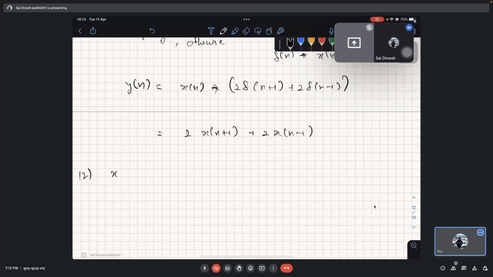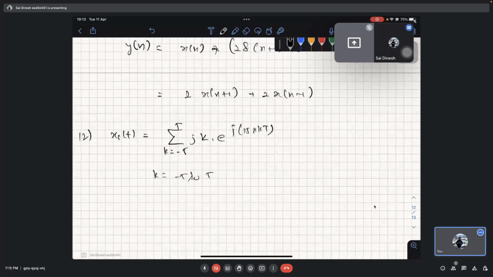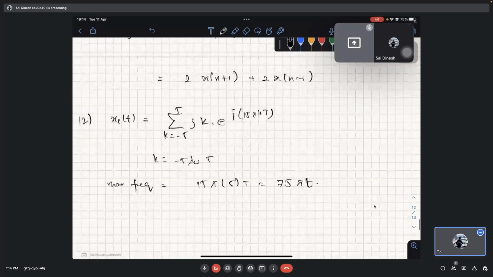12th question, x of t is the sum over k from minus 5 to 5 of j k e power j 15 pi k t. So k equal to 0, 1, 2, up to 5, and minus 5 to 5. So max frequency is 15 pi into 5 into t, which is 75 pi t, right?